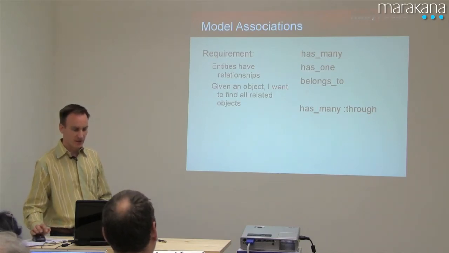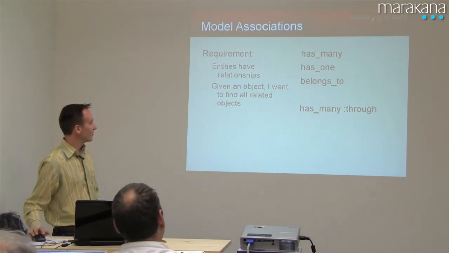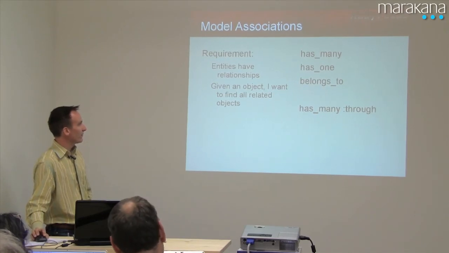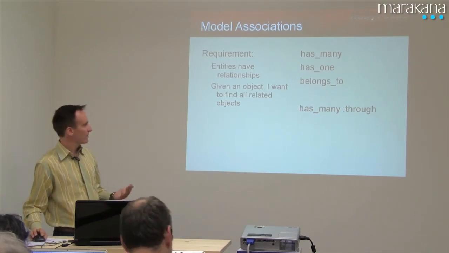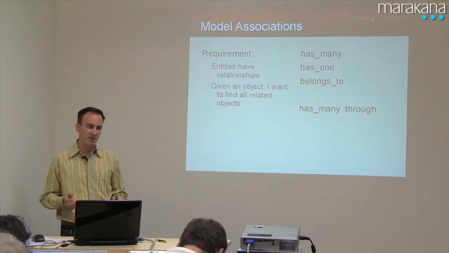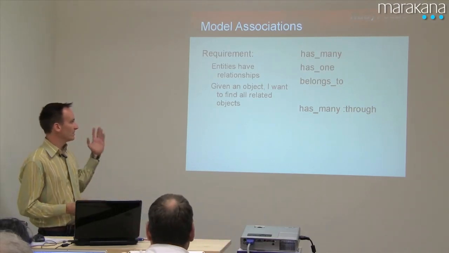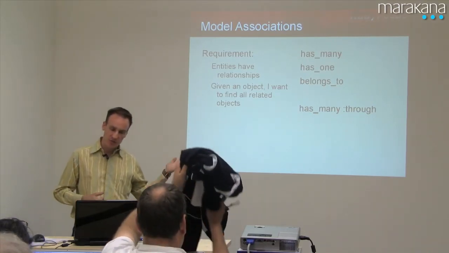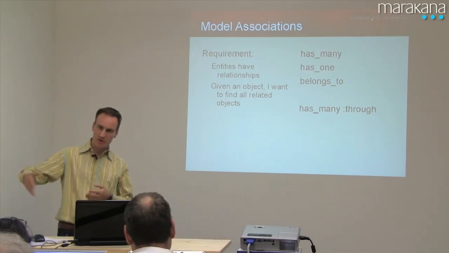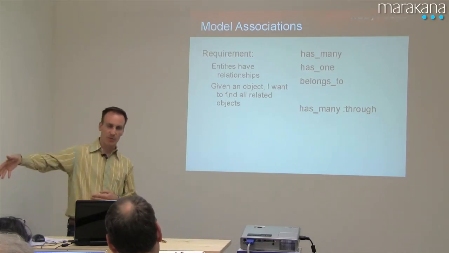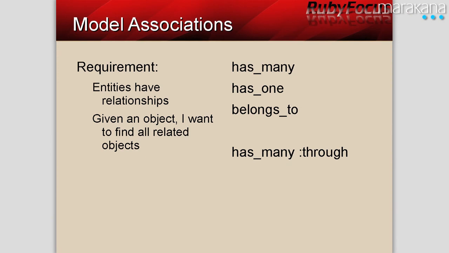I got it from Flickr. Generally, the reason you want these is because you have some sort of relationship between entities. And if you have those relationships, you want to be able to make queries on it. Like, given a person, I want to know all that person's addresses. Or given a customer, I want to find all their orders. Or given a customer, I want to find all the items they bought through orders in between.